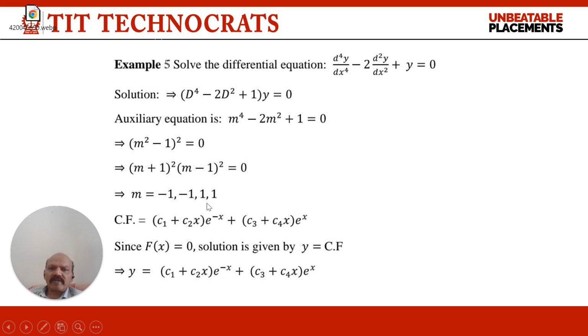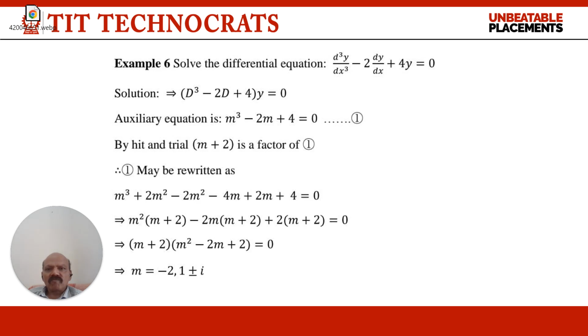And for these two repeated roots, (C3 plus C4 x) whole into e raised to m1 x, where m1 is here 1 and in the earlier case m1 is minus 1. So in this way, this is the case for real and repeated roots. Similarly, going ahead, we can find CF for imaginary roots.